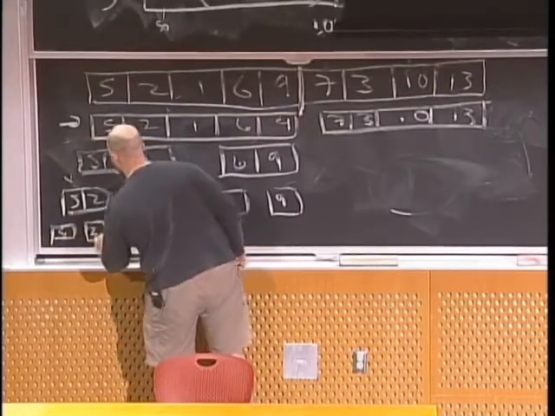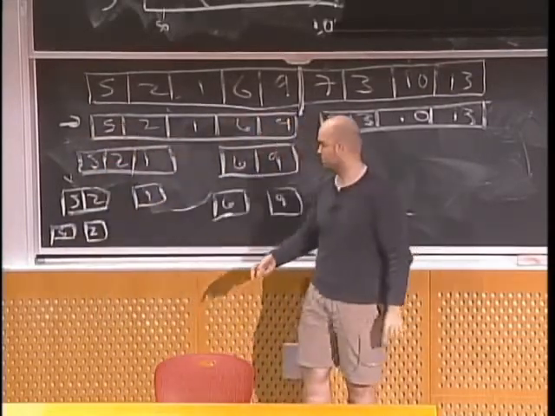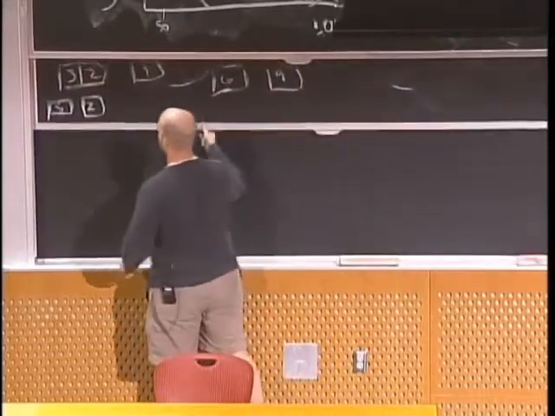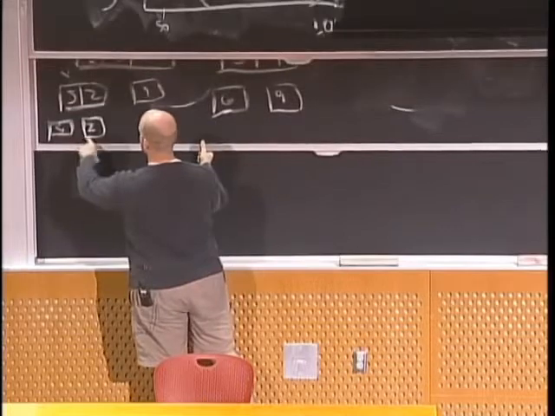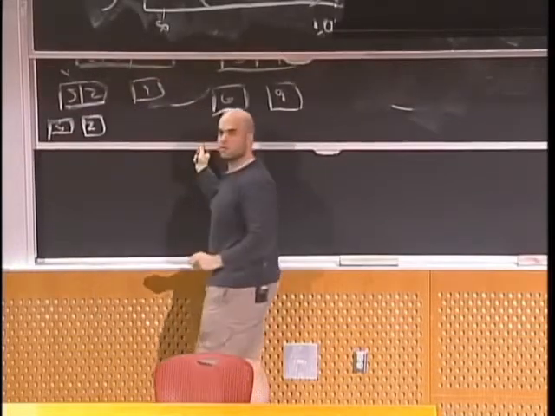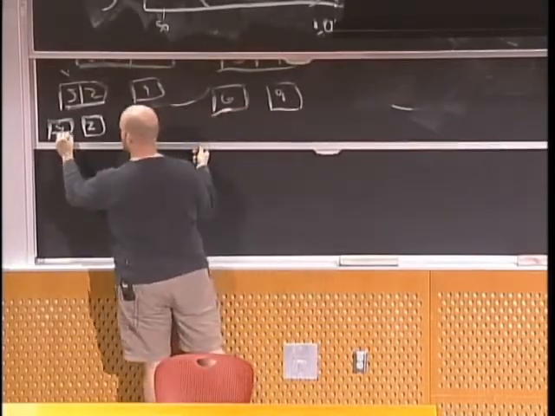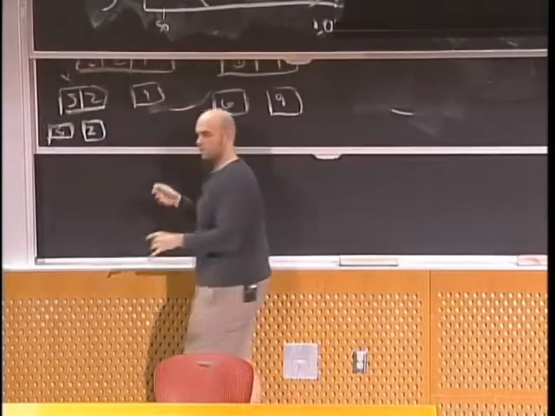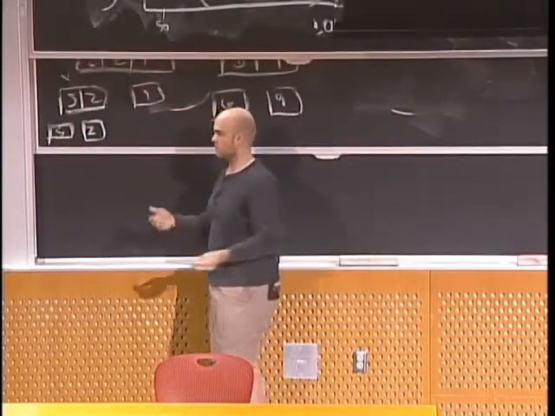Now, when it gets to these little single elements, it's going to do something interesting. When it gets down to these single elements, it's just going to return the list as is. It's not going to do anything to them.